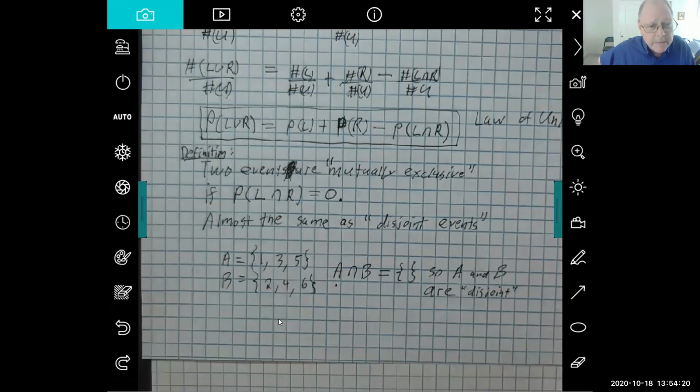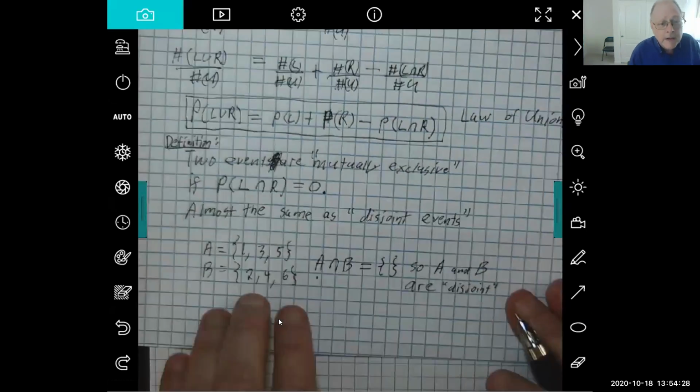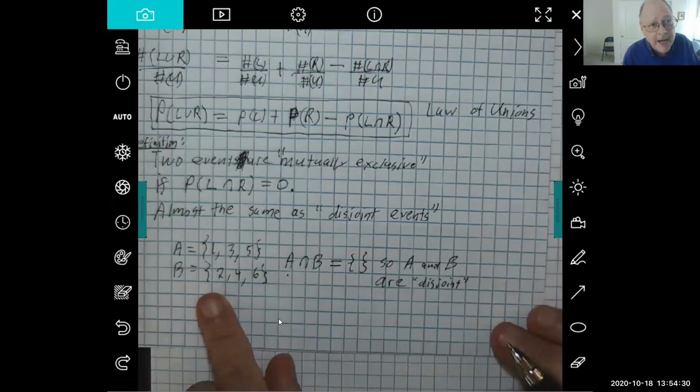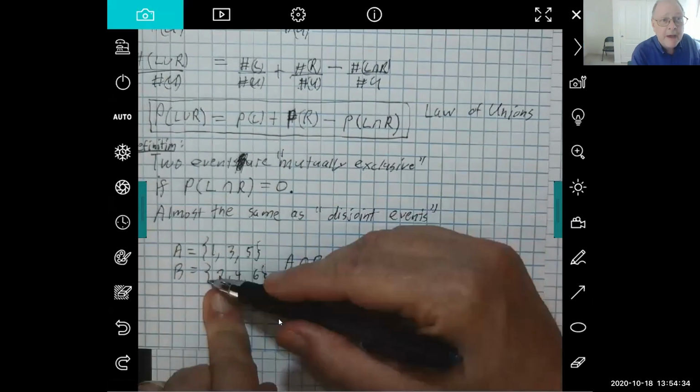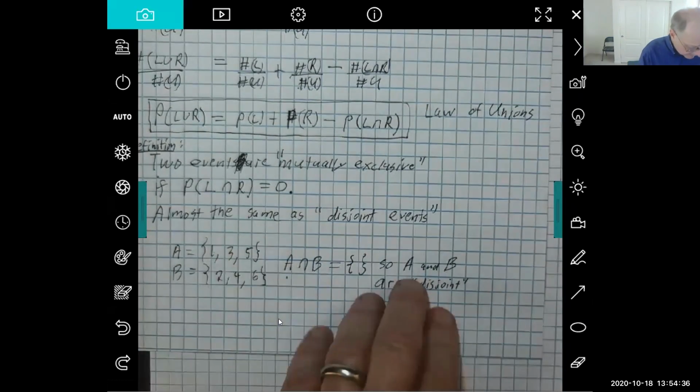Mutually exclusive is almost the same, but not quite. Over here, my experiment is rolling a die, and I have a finite set of outcomes that are possible.